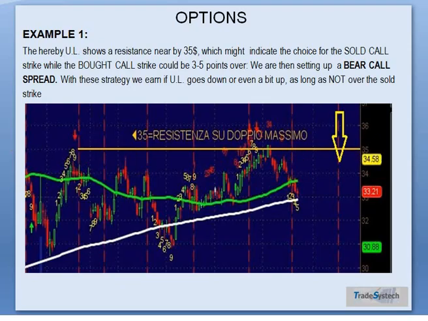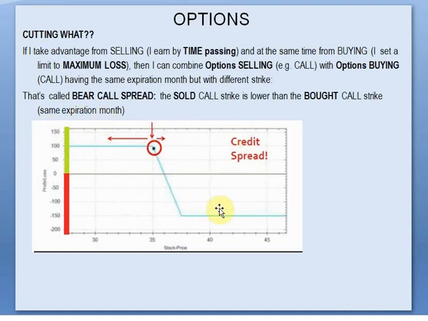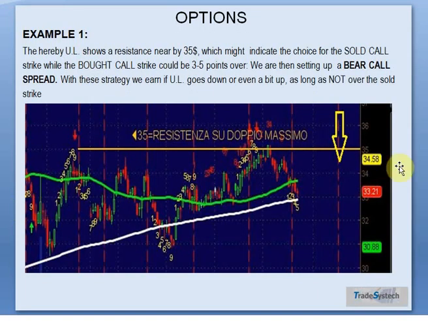And remember the graph, the strike for the option which is bought is normally 3-5 points over. So let's say the strike for the call that I'm selling is 35, and in this case the strike for the call that I'm buying might be somewhere here, 38 or 40.